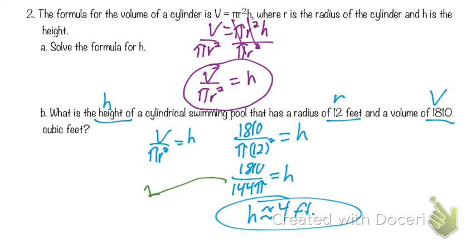And say, okay, well, it's 905 over 72. And I believe those numbers don't reduce anymore. So then you'd be left with 905 over 72 pi, and you can call that your answer. Or we can type it into our calculator, and we get about 4 feet.